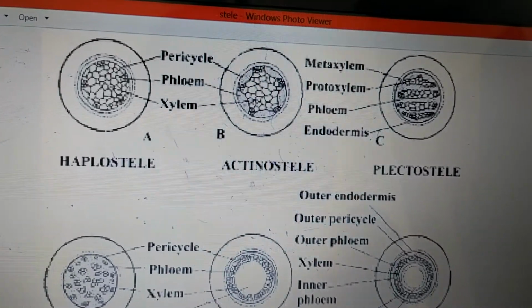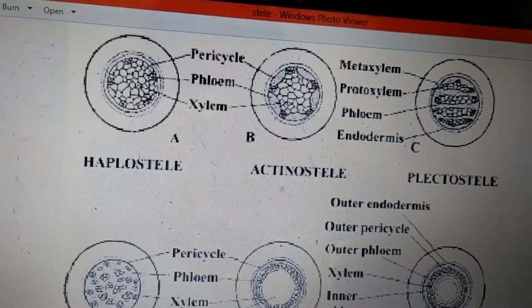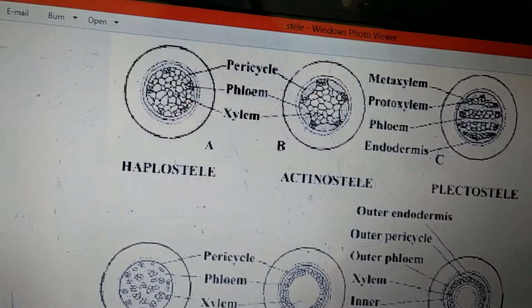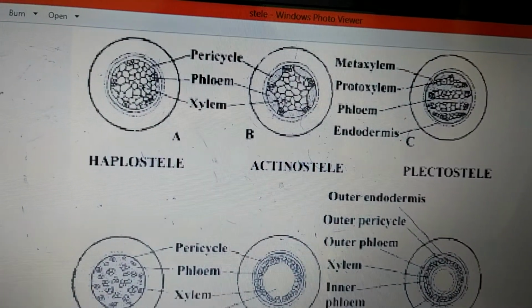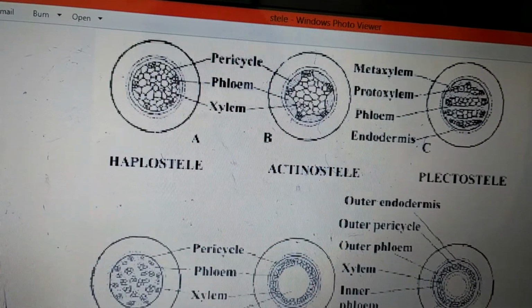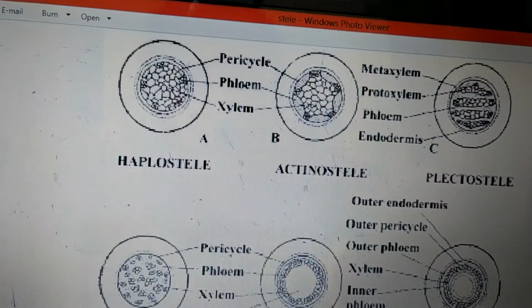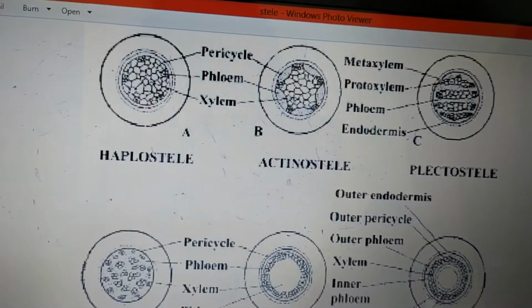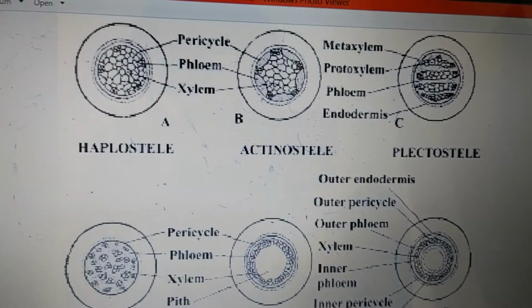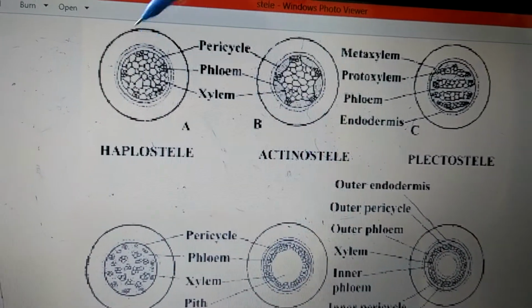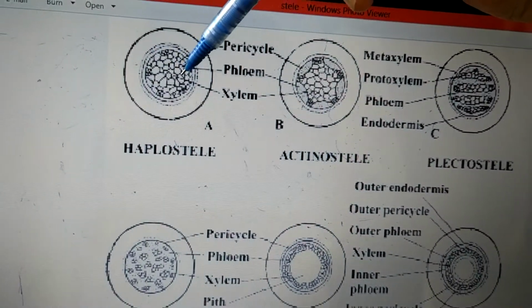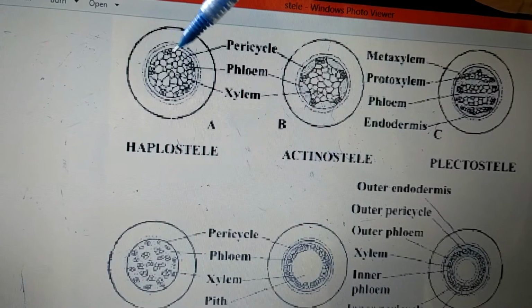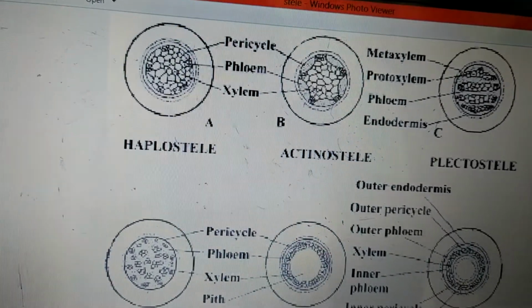Among the protostele, the first type is haplostele. Among the protostele we have different steles: protostele, siphonostele and solenostele. In protostele, the first type is haplostele. What does haplostele say? This is a type of protostele with a central solid xylem, and the xylem is surrounded by phloem. That's it.